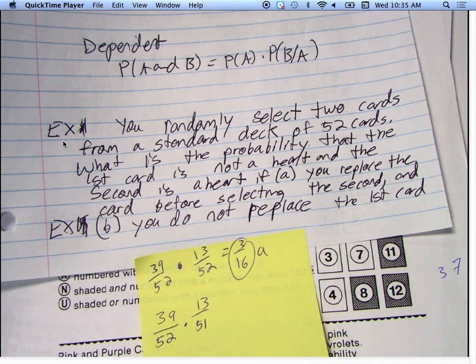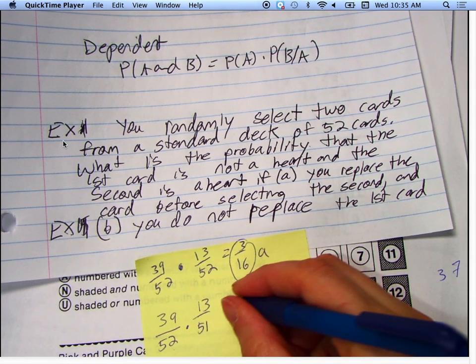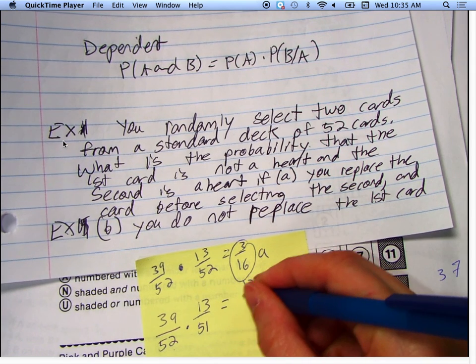If the question said, what's the probability of you choosing a heart and then choosing another heart, that would set it up differently. But I'm not saying that we chose a heart or didn't choose a heart for this one. Okay? So when I multiply them together, I get 13 over 68.